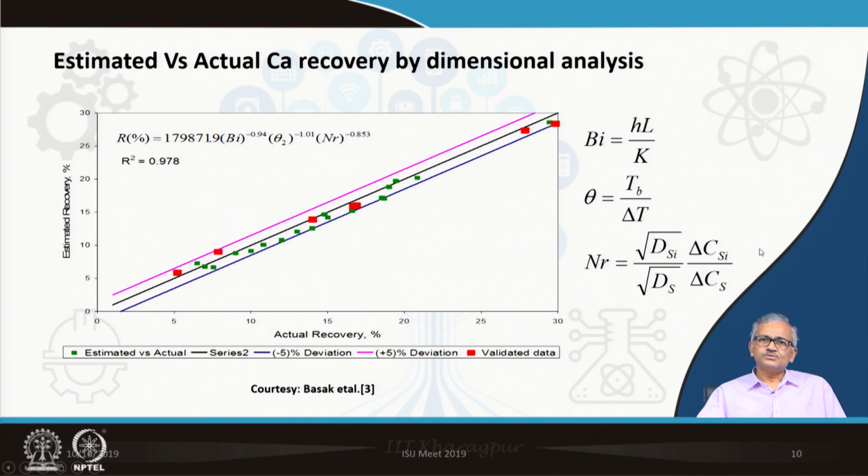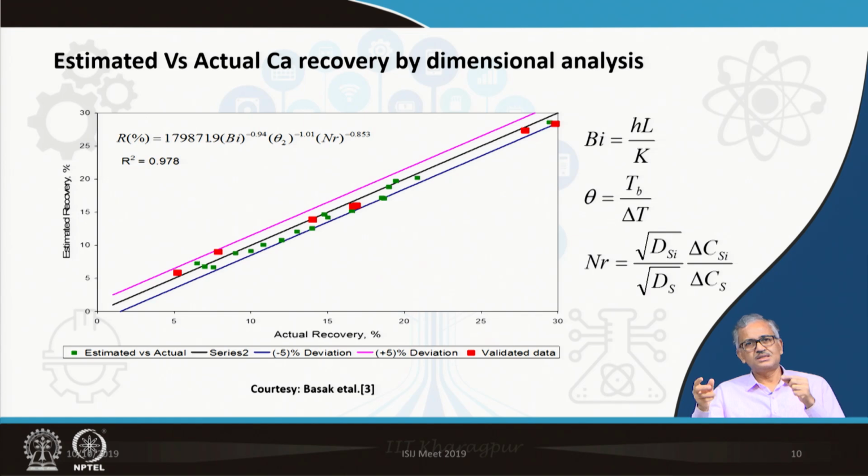As well as that, we have considered another dimensionless number, the relative rate of silicon to sulfur transfer. The thing is that when the calcium silicide powder is added and gets exposed to the liquid steel, the silicon will try to migrate from the calcium silicide to the liquid bath, depending on the bath silicon composition.